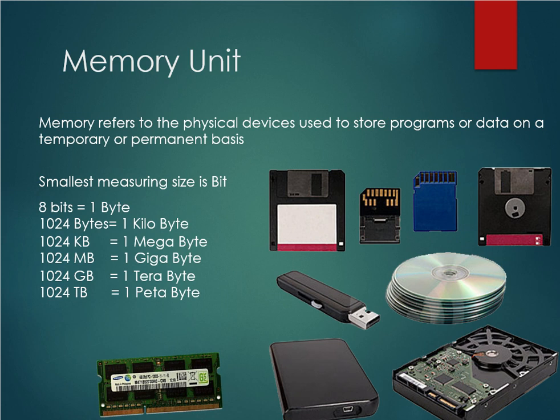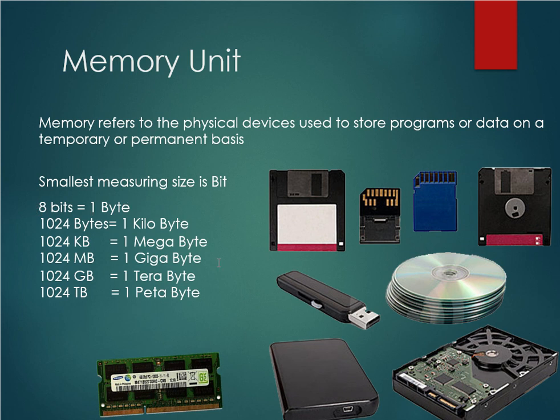And to measure the amount of data that can be stored, or that is stored in a computer, and the size of that particular data set, we have a scale. The smallest one is called bit. Okay. Then a chunk of 8 bits is called 1 byte.